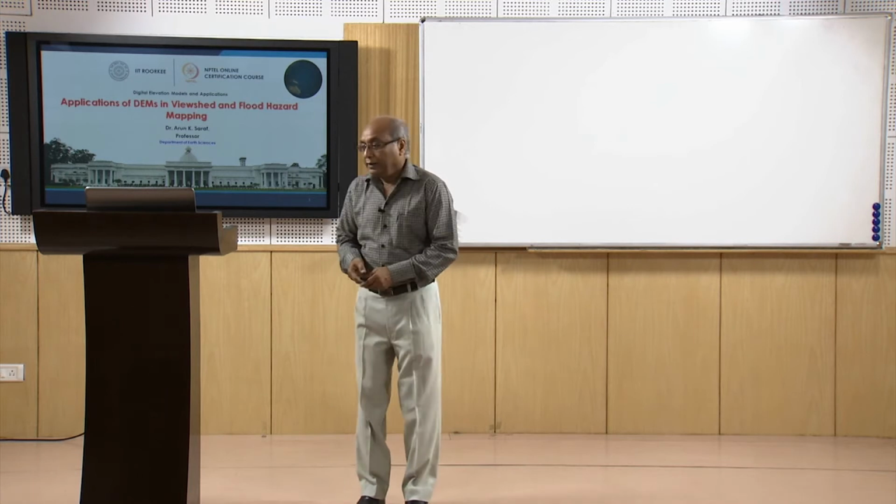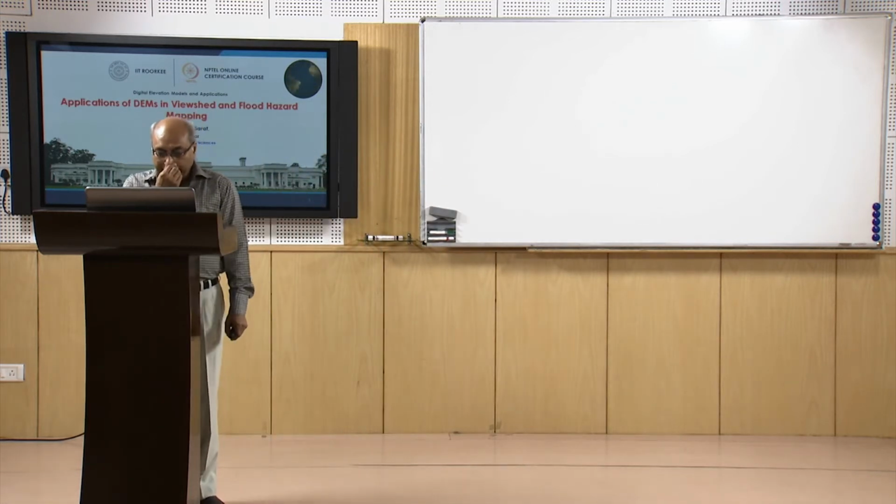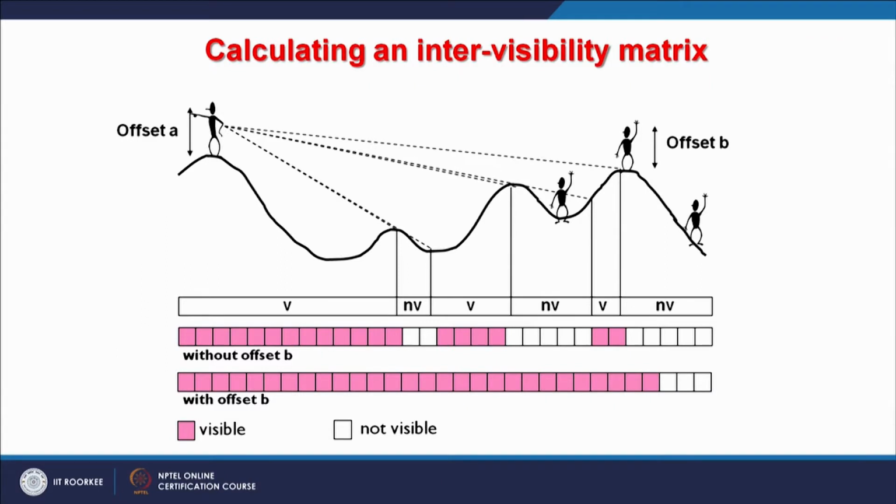If we see the example here, a person having offset A is located here.